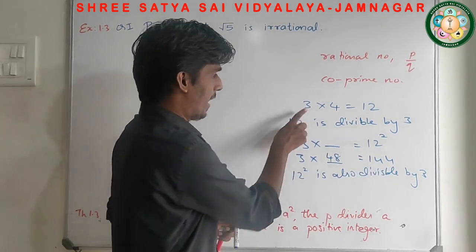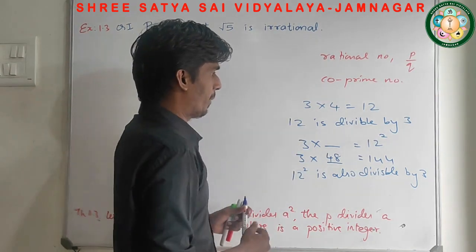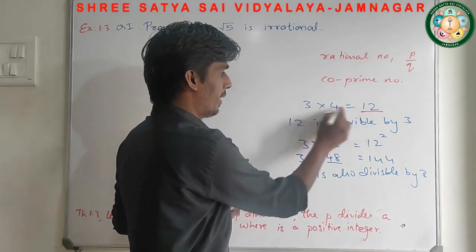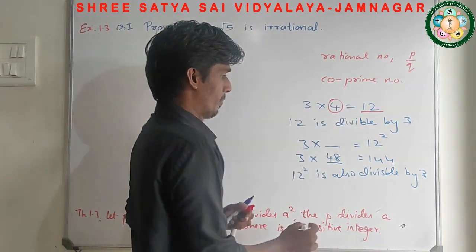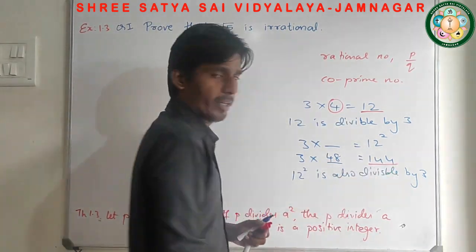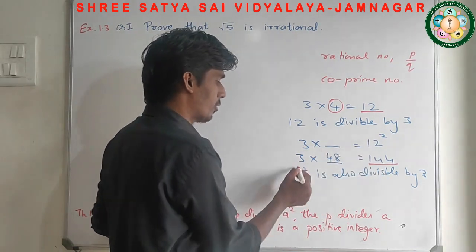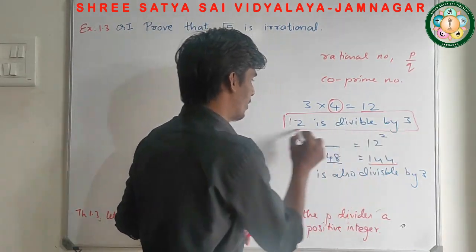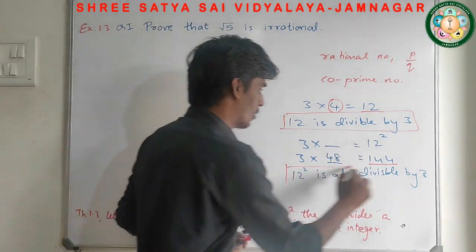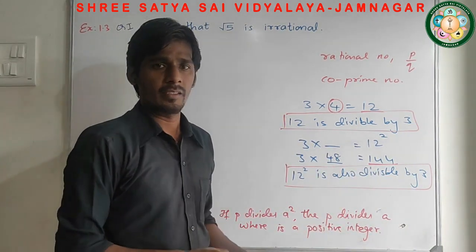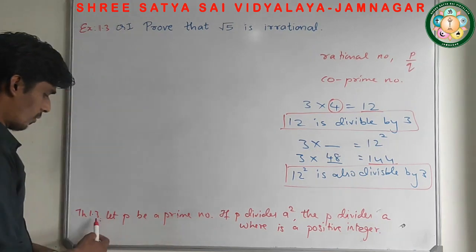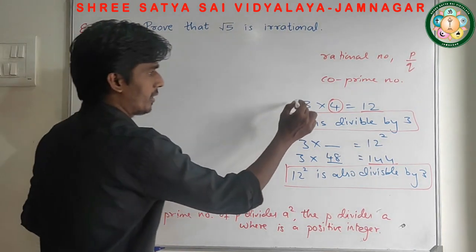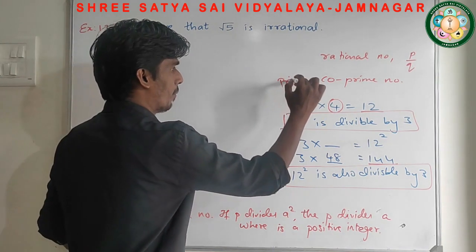To show that part, I had already explained the example here. Here I took 12, which is a multiple of 3, 4 times. Now here I took 12 square, 144. So this 144 also is a multiple of 3. So we can write 12 is divisible by 3 and 12 square is also divisible by 3. Same here in Theorem 1.3: if p is a prime number, so here 3 is a prime number.